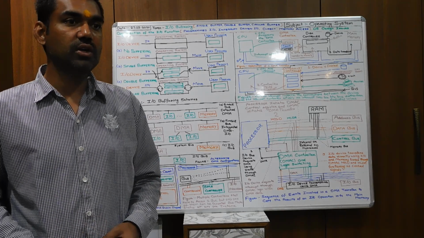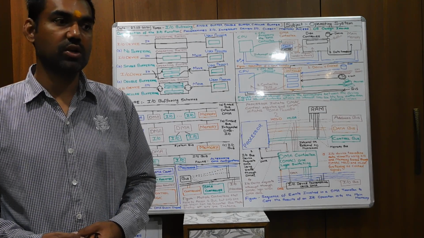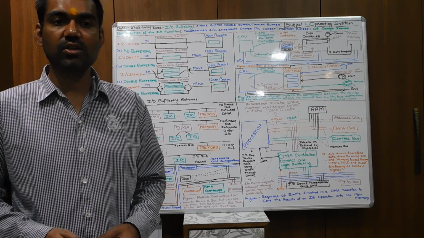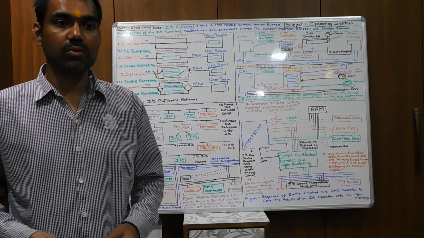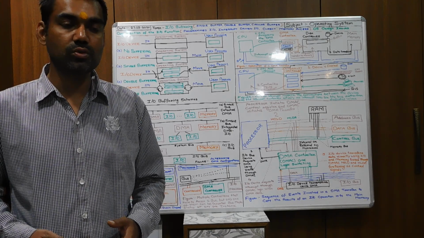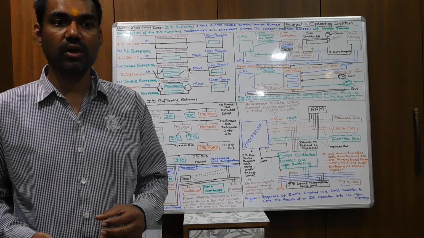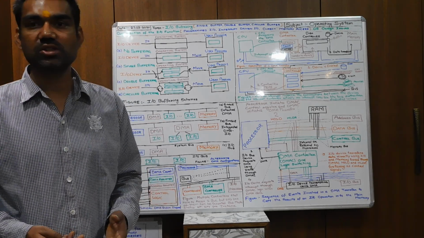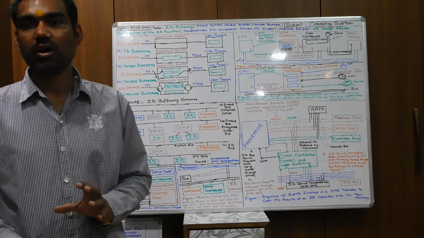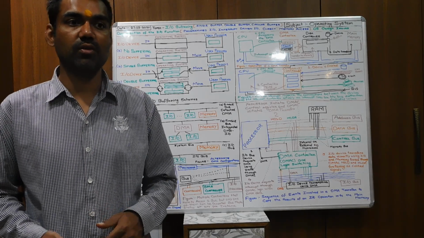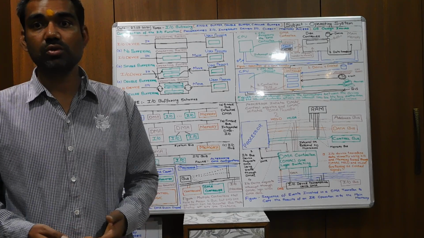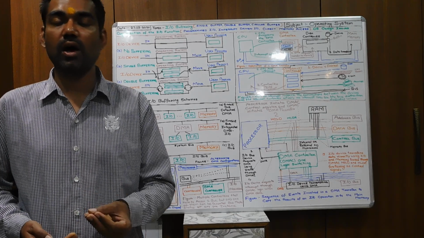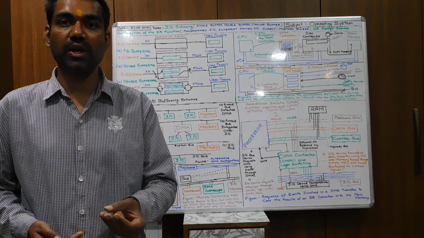So the event is asynchronous in nature, but for this asynchronous event also, the processor is supposed to respond in a positive way. So there has to be some framework, and the interrupt driven approach is that framework.